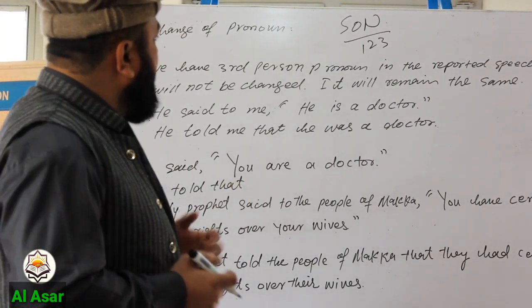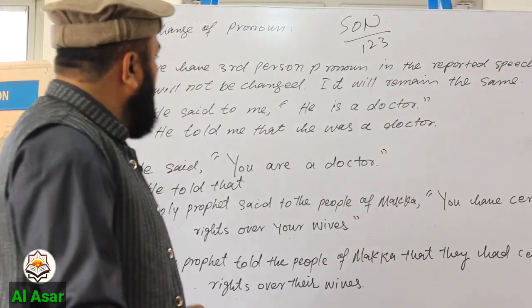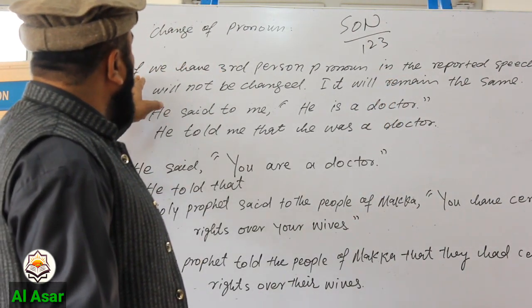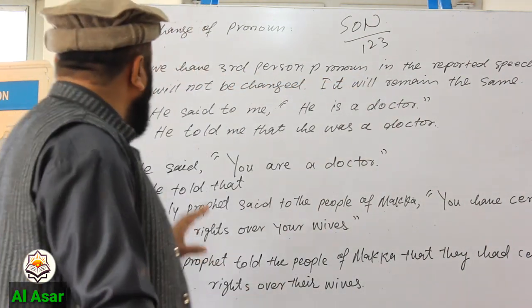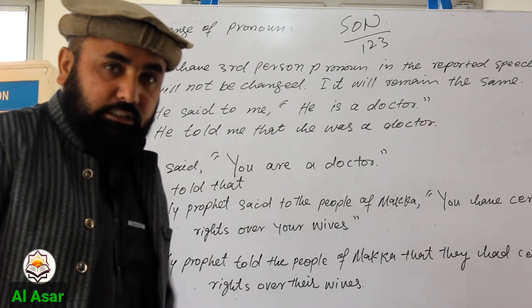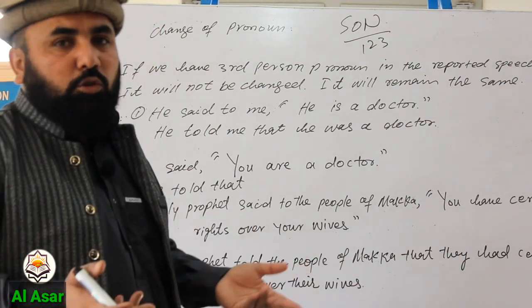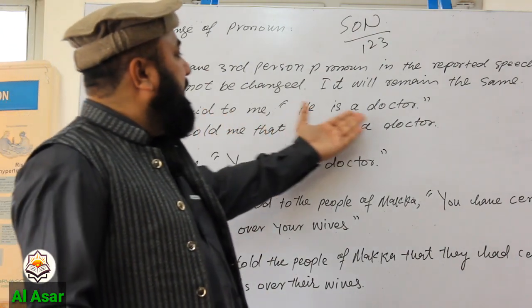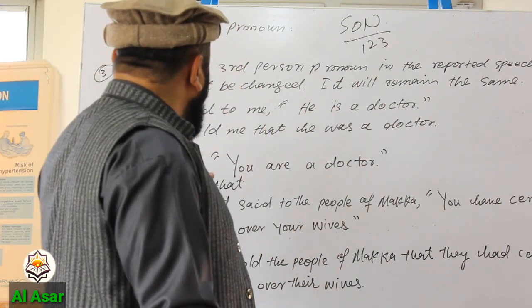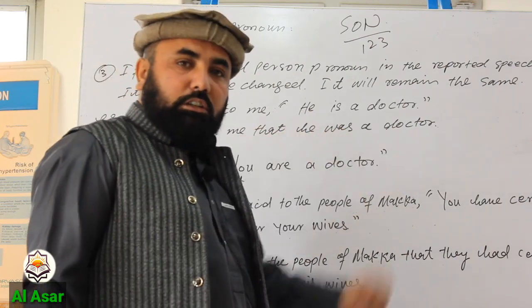Then if we have third person pronoun in the reported speech, it will not be changed, it will remain the same. So third person pronoun is not going to be changed. For example, he said to me, he is a doctor. Now look, he told me that he was a doctor.